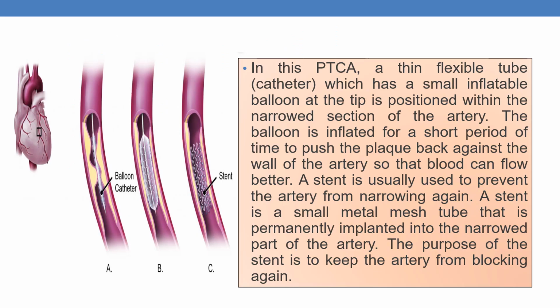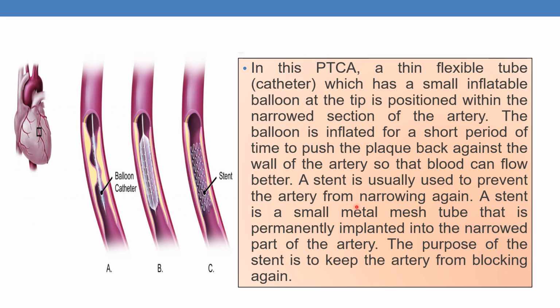Now, in the percutaneous transluminal coronary angioplasty, a thin flexible tube, which is nothing but a catheter, which has a small inflatable balloon at the tip, is positioned within the narrowed section of the artery, and the balloon is inflated for a short period of time to push the plaque back against the walls of the artery so that blood can flow better.